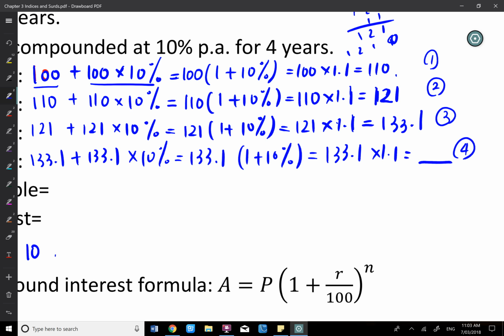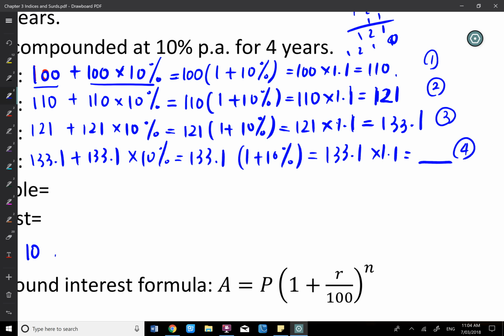The 100 gets multiplied by 1.1 for the end of the first year, and then 110 comes here. So it's actually 100 times 1.1 and then times another 1.1. You have two 1.1s to give you the end of the second year. So how you get 121 is 100 times 1.1 times 1.1, and then times another 1.1 to give you the third year.